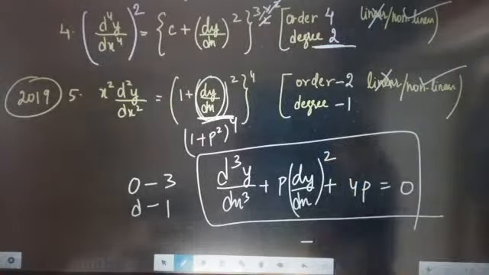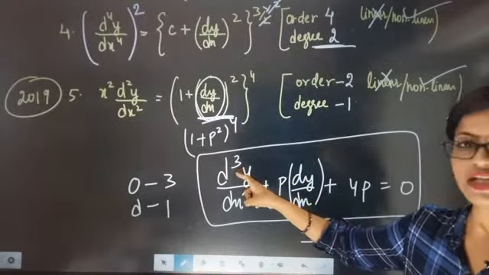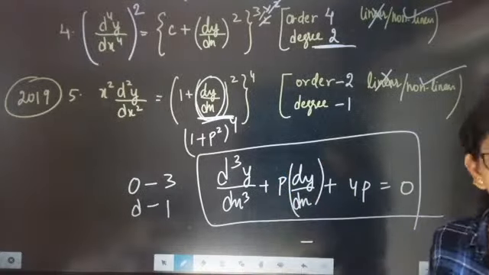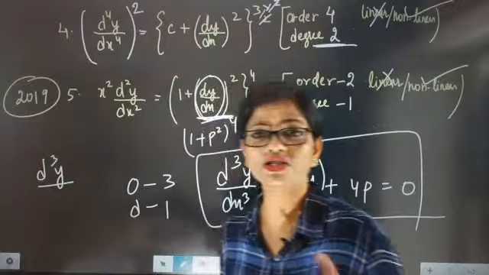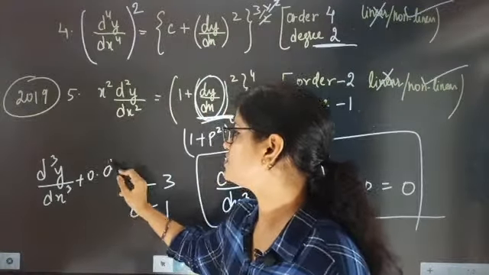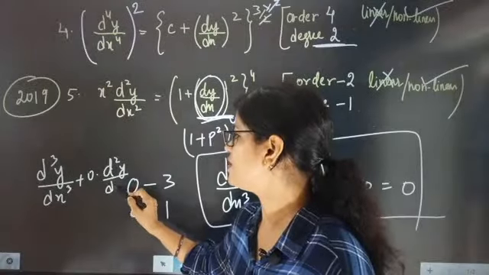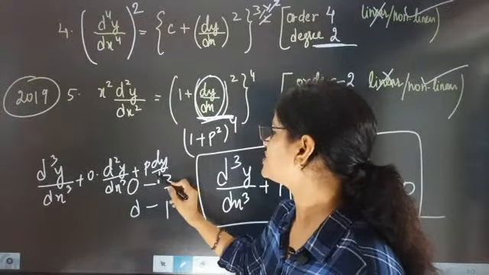This is non-linear. The moment I remove this one, it becomes linear, because now the order is 3. After that third order, second order will come. If second order is missing, that does not mean it is non-linear. How? We can multiply 0 with d2y by dx square and plus p dy by dx plus 4 equal to 0.